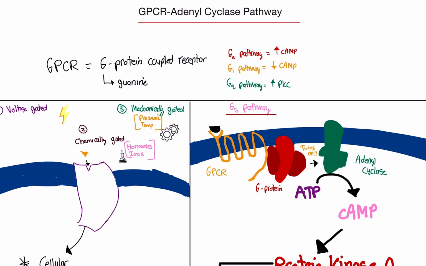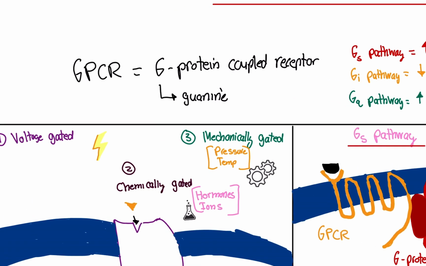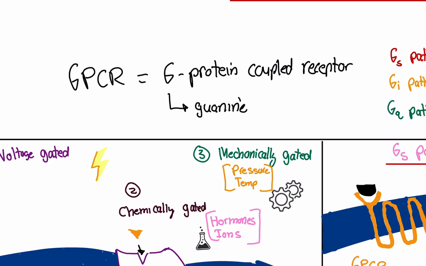So let's start off. What is a GPCR? GPCR stands for G protein coupled receptor, and the G stands for guanine. You don't need to worry about that. What is a G protein? A G protein is essentially a protein located in the cell and in the membrane, and this usually activates something to get a cellular response.